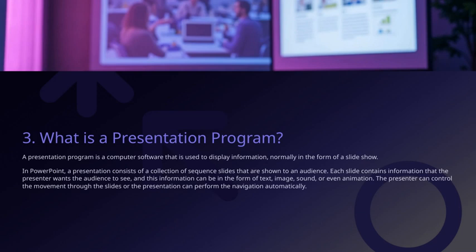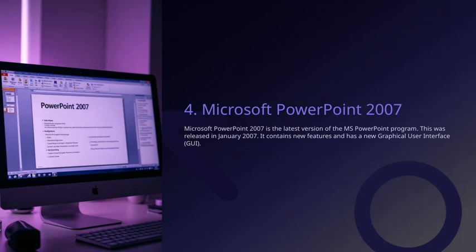They help keep your audience engaged by combining visual and auditory elements, all while allowing you to guide them through your message seamlessly. Now, let's take a look at Microsoft PowerPoint 2007. This version is actually the latest release of the program at the time. It was launched in January 2007, bringing some exciting updates. One of the main improvements is the introduction of a new graphical user interface, or GUI, which makes the program more user-friendly and visually appealing.